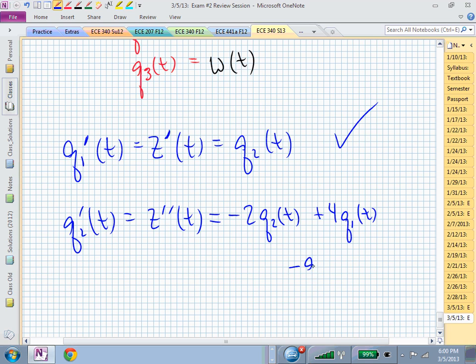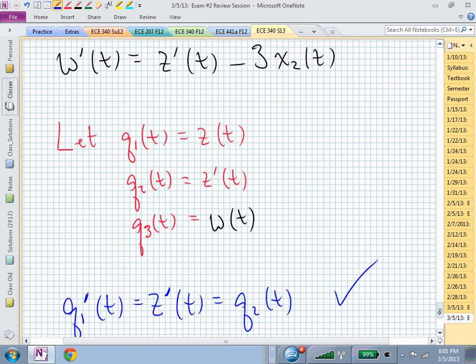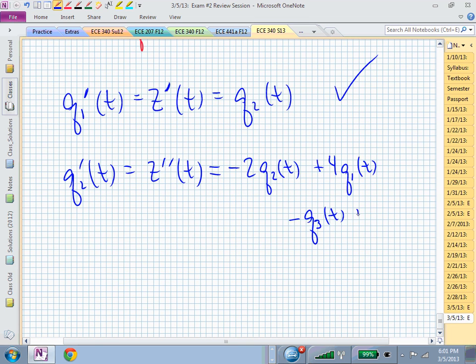So that's minus q sub 3 of t. And finally, we have our input, which is plus x sub 1 of t. Now we have q sub 2 prime as a linear combination of states, q1, q2, q3, none of their derivatives, and inputs.